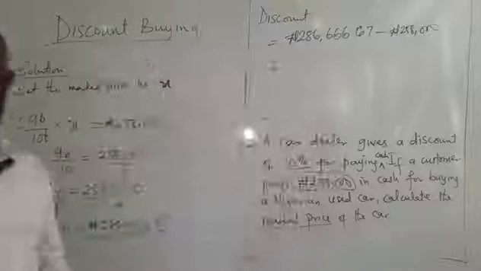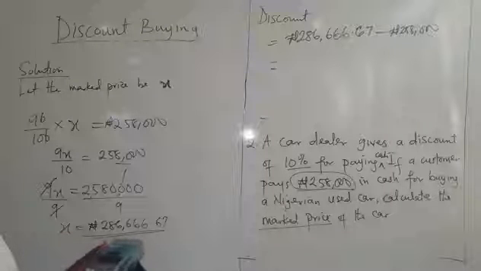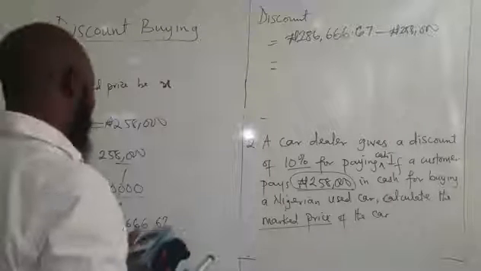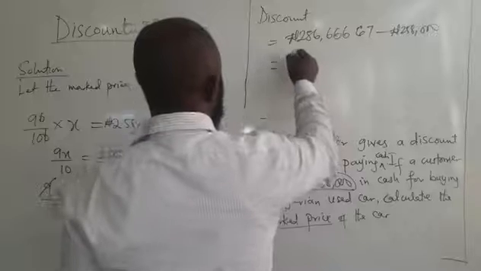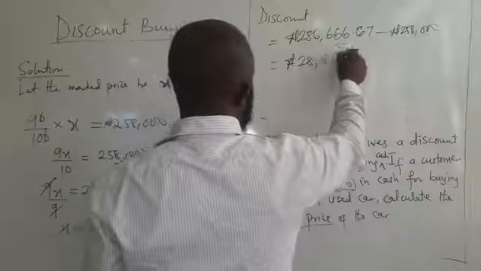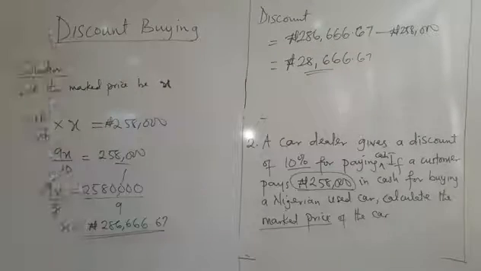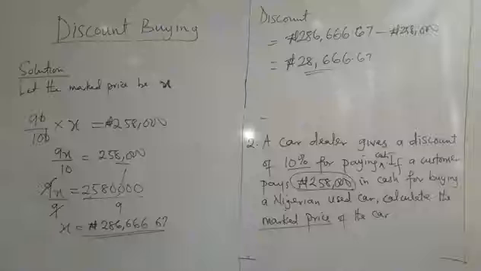So that's just subtracting it. That means the discount given here is 28,667. This is the discount given for purchasing the product. I hope this is very clear.